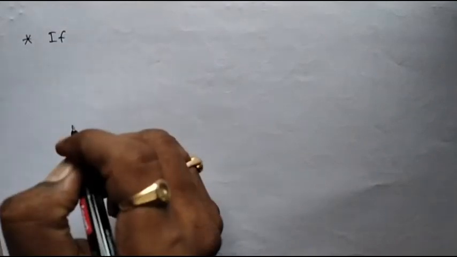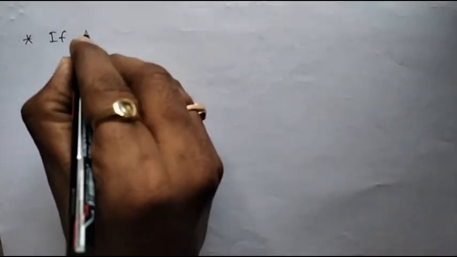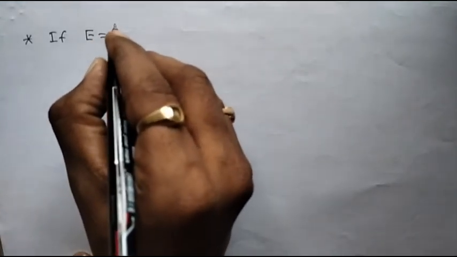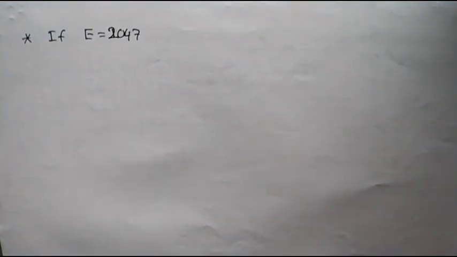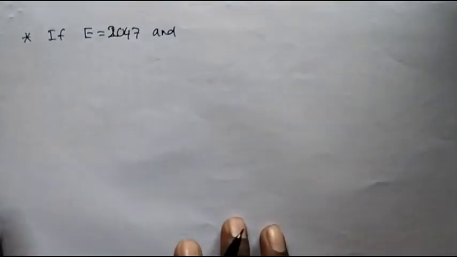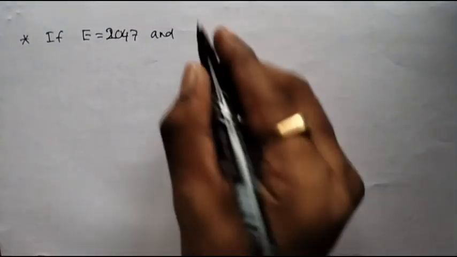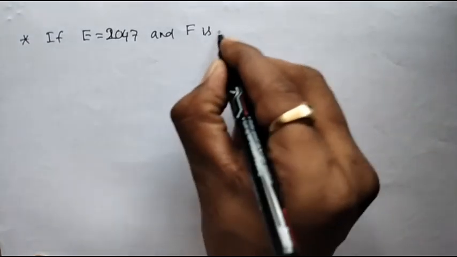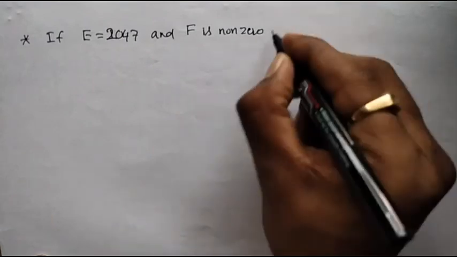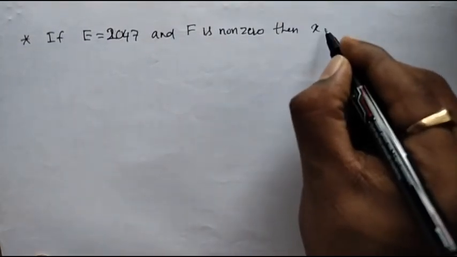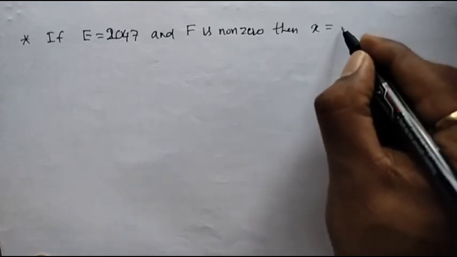That is, if the exponent is equal to 2047, that is when all 11 bits of the exponent are 1, then we get 2047, and the F value, that is the fraction, is non-zero, then we can say that X is not a number.